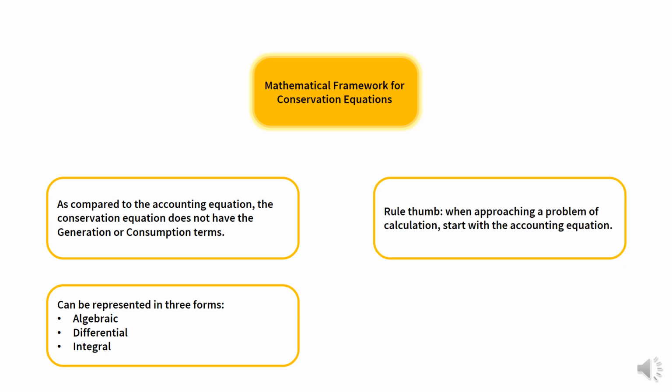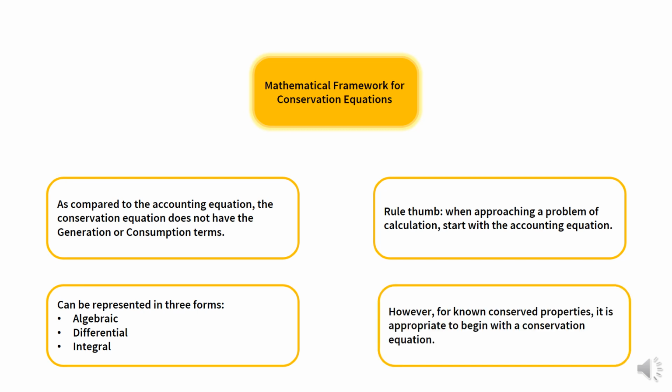A good rule of thumb when approaching a problem requiring an accounting or conservation equation is to start with the accounting equation, and then unnecessary terms will fall out of the equation as the problem is solved. However, for known and conserved properties, it is appropriate to begin with the conservation equation.